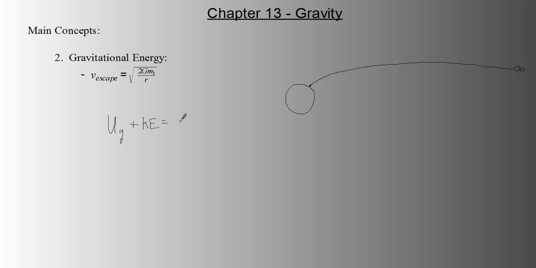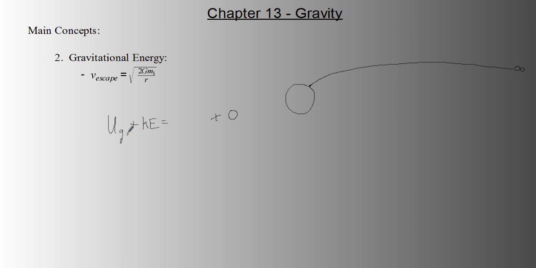But then we say, let's make escape velocity just enough velocity so that we come to a stop at infinity. We don't need any more than that. That's overkill, just a waste of fuel. So KE final is 0.